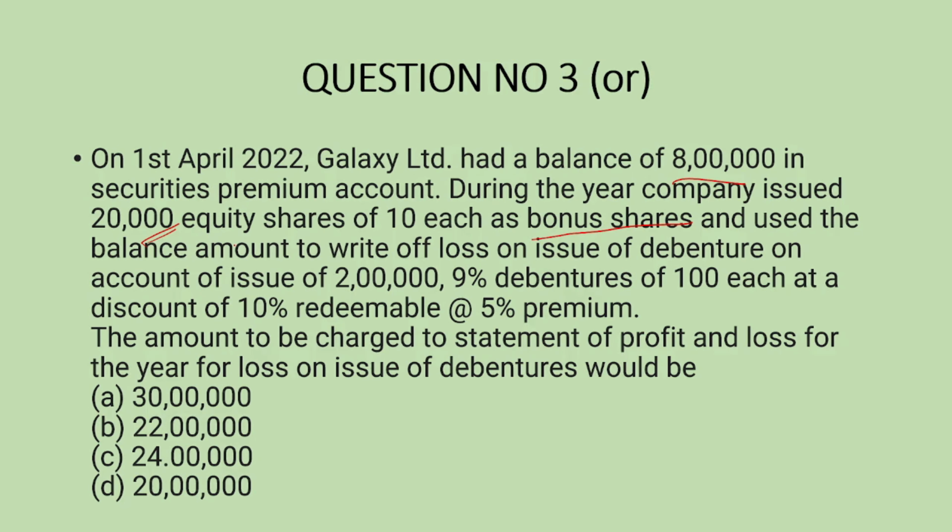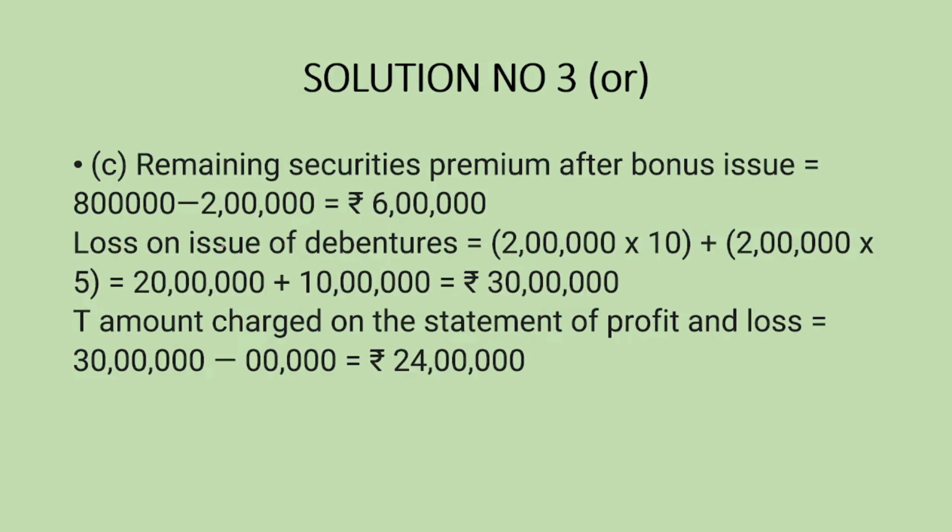The amount that would be charged to the statement of profit and loss for the year for the loss on issue of debentures, the calculation will be: the remaining securities premium after the bonus shares will be 8 lakhs minus 2 lakhs, that is 6 lakhs, and the loss on the issue of debentures will be 2 lakhs into 10 plus 2 lakhs into 5, that is 20 lakhs plus 10 lakhs, that is 30 lakhs.